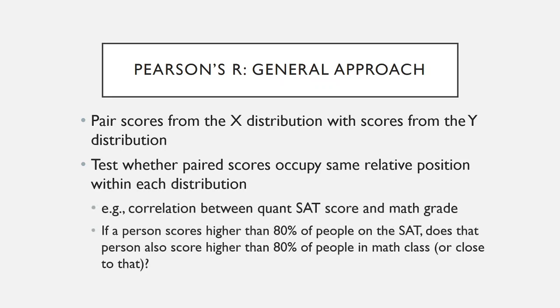Again, these two variables do not need to be on the same quantitative scale, because essentially what the equation is going to accomplish is sort of putting people into percentiles. So do people who score very, very high on the SAT also score very, very high on a math exam? This is what the correlation is going to enable you to do. So again, despite the fact that this equation looks a little bit more advanced than we've seen before, it's because it's able to do all this within a single analysis.